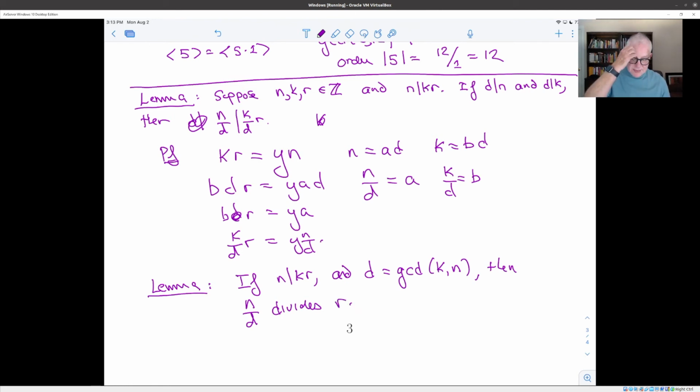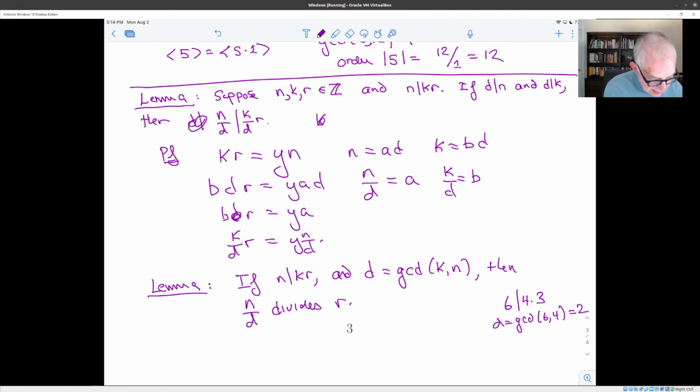So maybe it helps to think about it a little bit. For instance, if you have 6 divides 4 times 3, N is 6, K is 4, R is 3. The greatest common divisor, D, is the greatest common divisor of 6 and 4, which is 2.